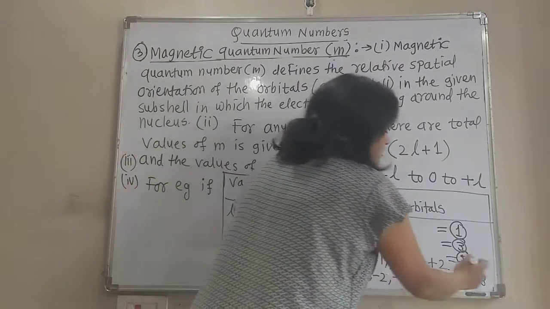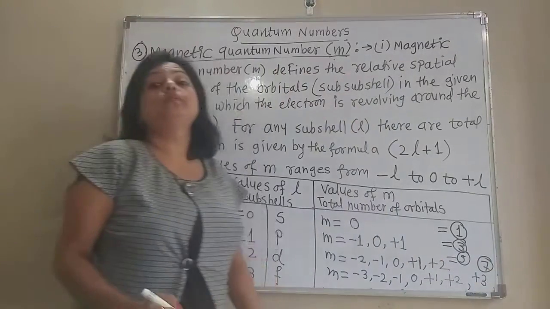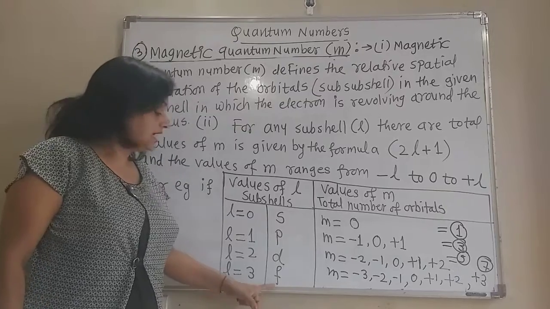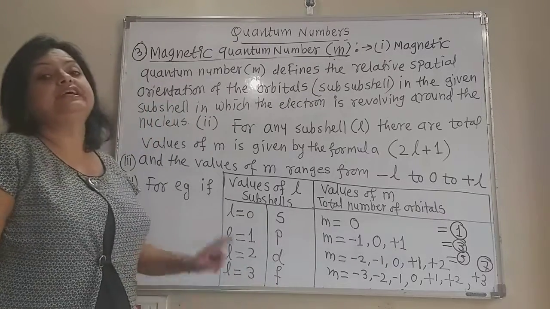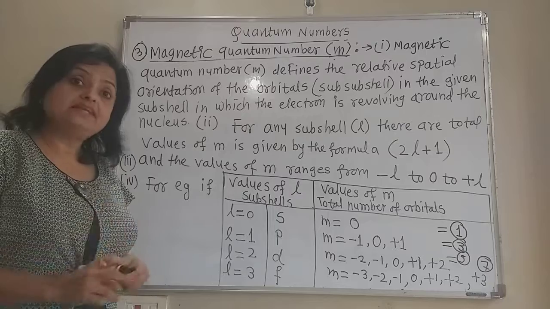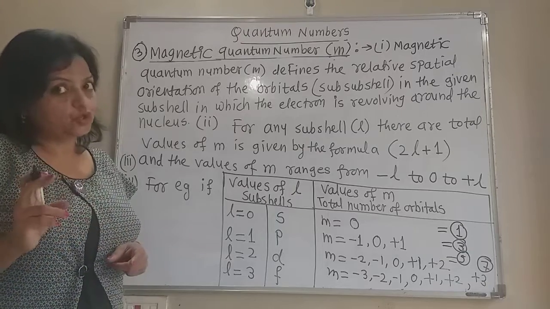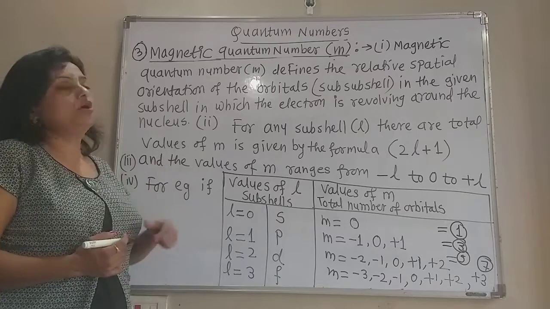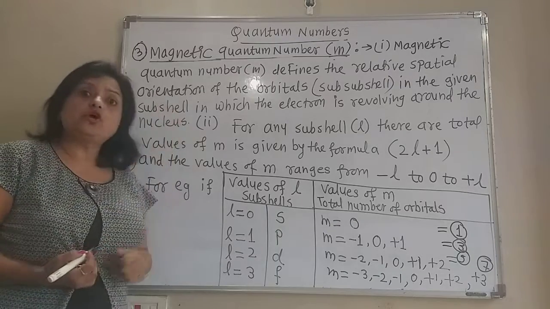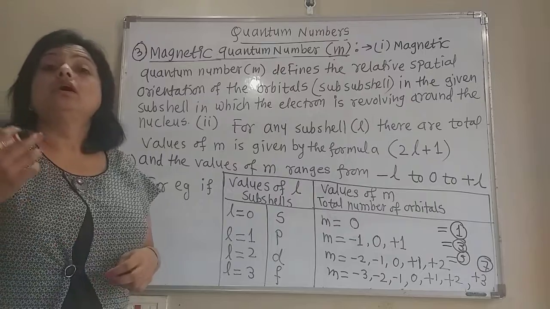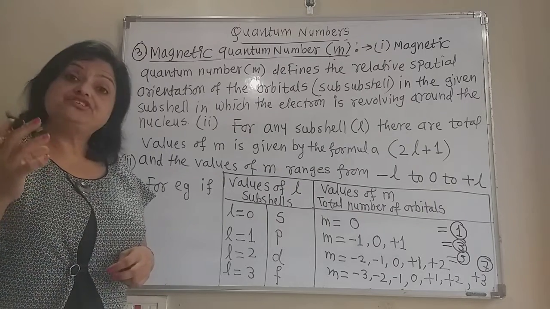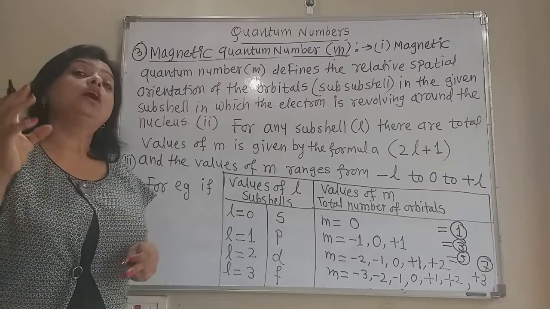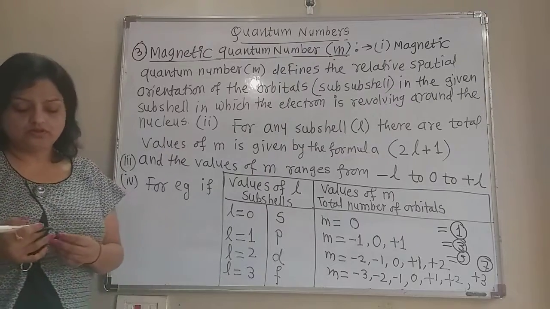So there are totally 7 orbitals in the f subshell having L equal to 3. In this way, the magnetic quantum number gives us the orbital present in the subshell in which the electron is revolving around the nucleus.